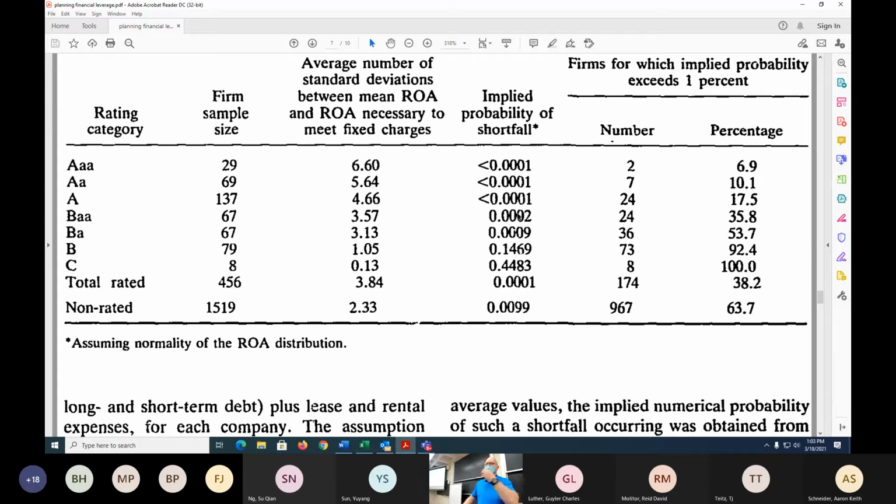So one assumption I'd like you to make, if I give you a question on exam, it says there's 2.2 standard deviations between the company's expected ROA and ROA required to cover their fixed charges once. Okay, you can assume that's in the left tail. That's a distance, right?